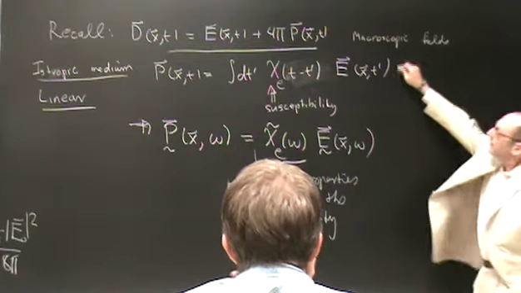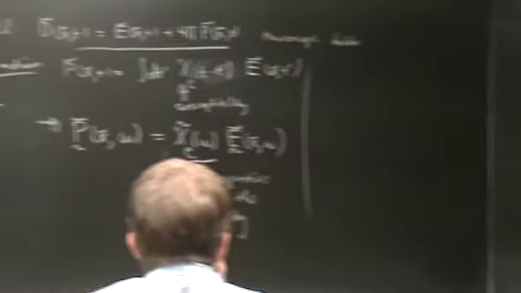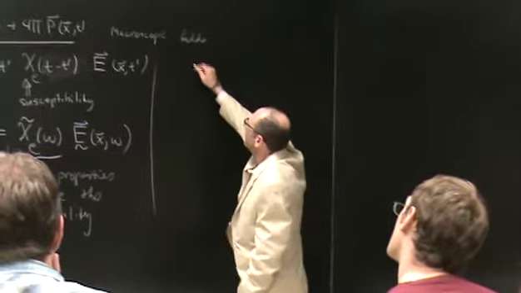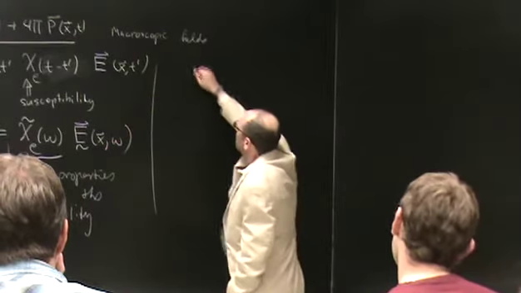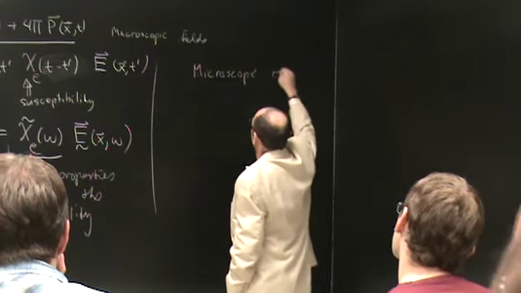So when we talk about the material response, well, the material is made up of microscopic constituents, and what we would typically do is first talk about some kind of microscopic response.